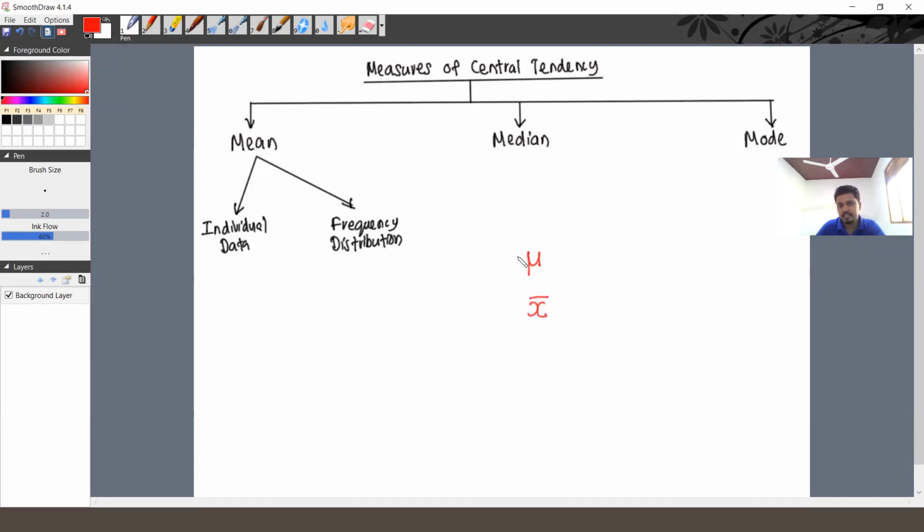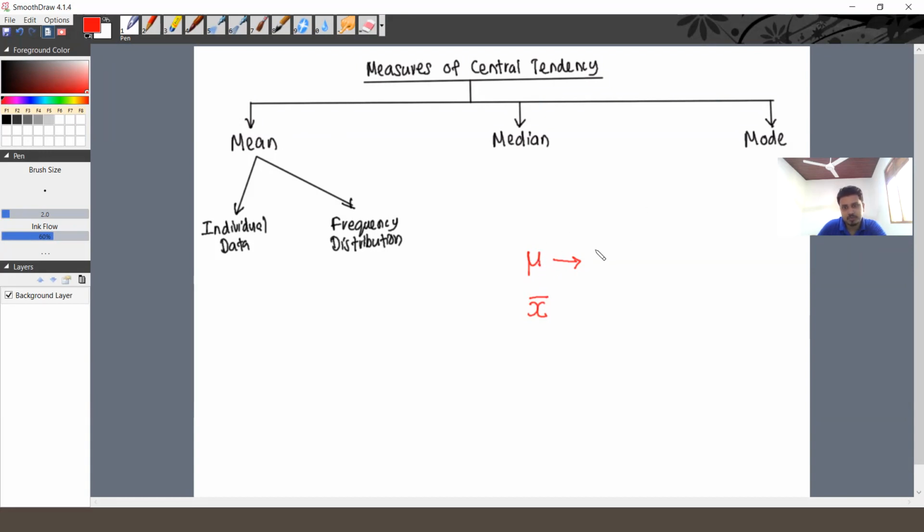You have seen these two, haven't you? What do we call this? How do we call this? These are the symbols that show the mean. Sometimes we use this one, and there are certain situations we are using this one to denote the mean value.